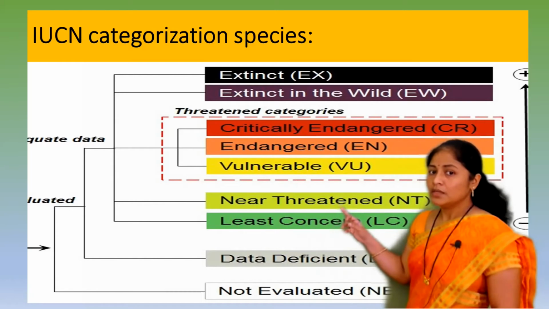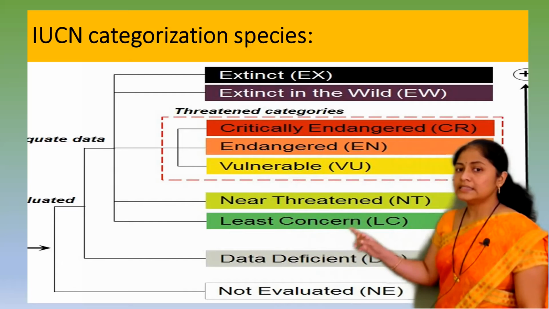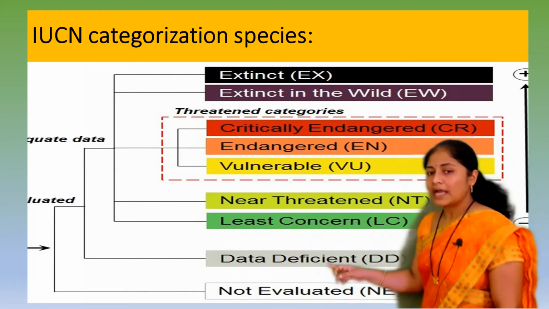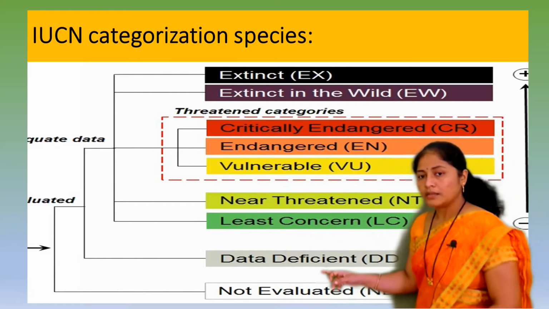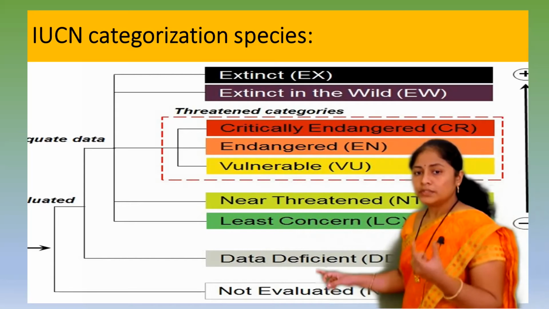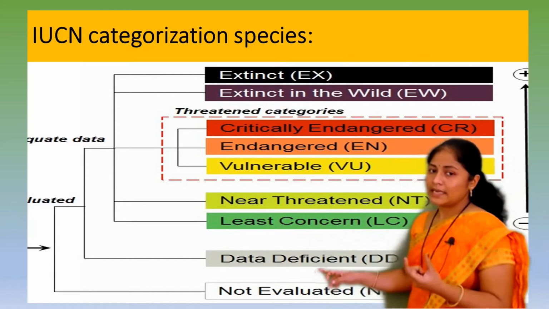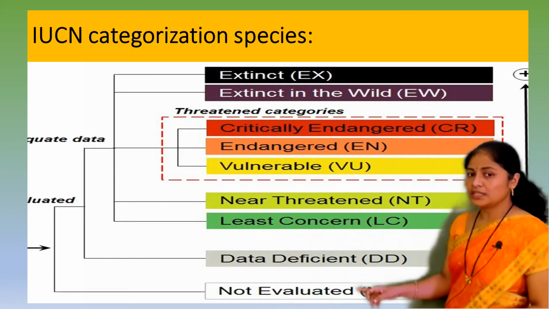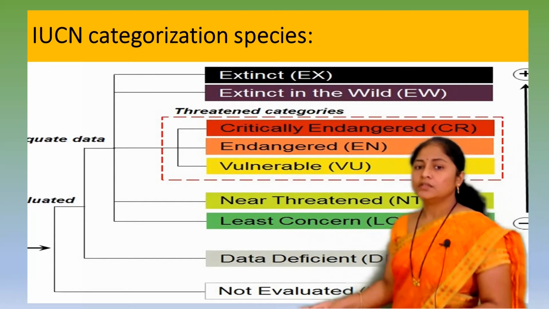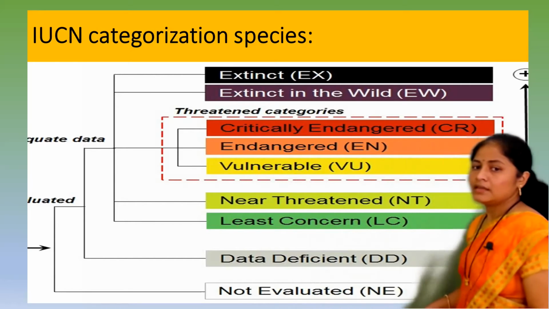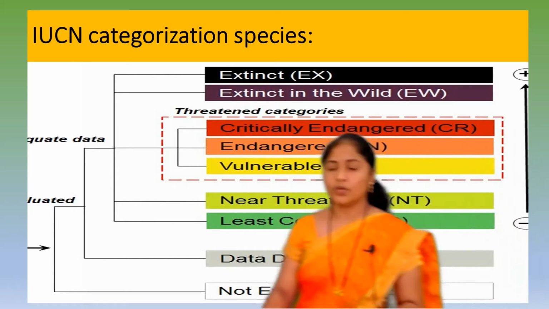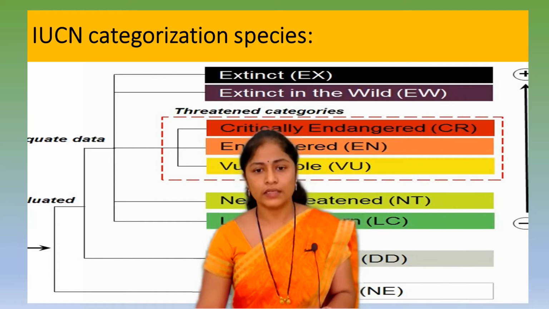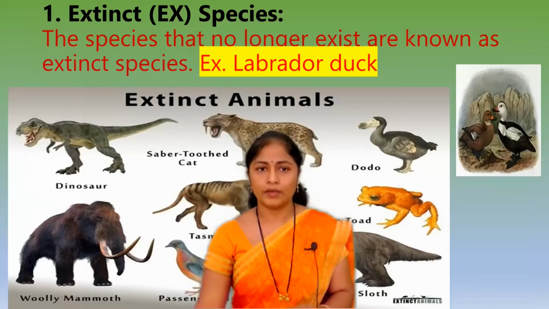There are near threatened and least concern, as well as animals about which the data is less. Such types of animals are included in the data deficient animals as well as the non-evaluated animals. So in this way, the IUCN classifies the animals.